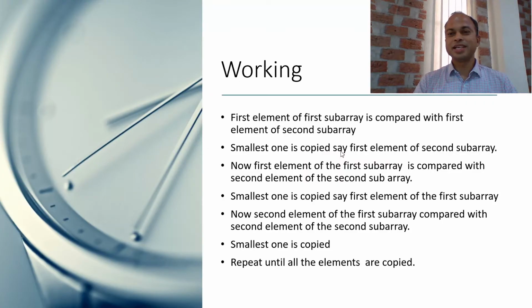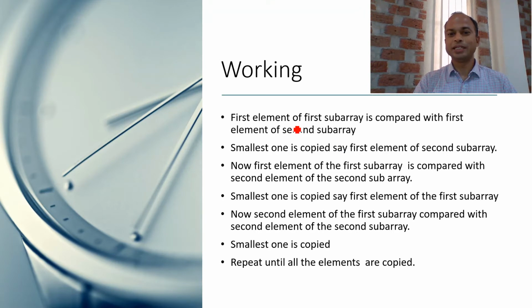Now we are discussing the working of merge sort. We are taking a large array, and this large array is divided into two small subarrays. We are sorting as per the divide and conquer approach.